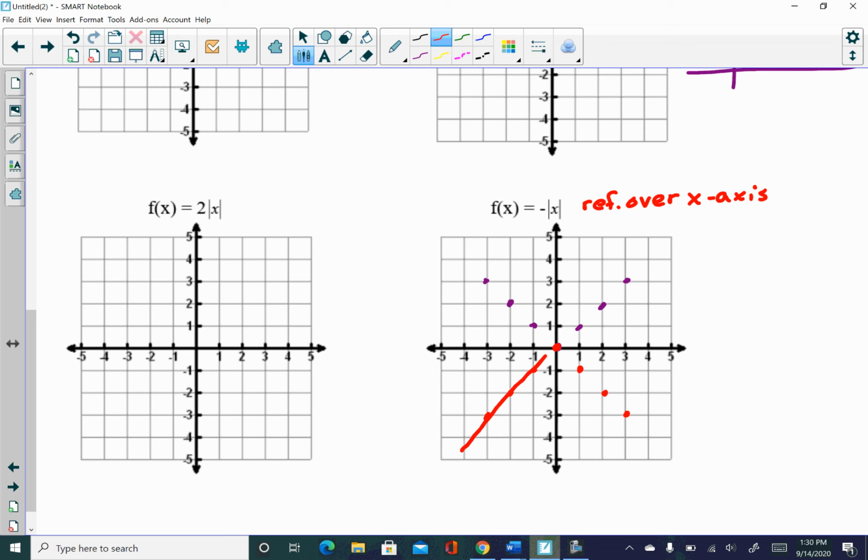And now if you take a look at it, if I were to go back in up here and fill in the purple graph, hopefully you would agree, oh yeah, that definitely looks like it's been flipped over the x-axis, because if I were to flip it over the x-axis, those graphs would be on top of one another. Okay, so f of x equals negative absolute value of x. That's this graph here in red.